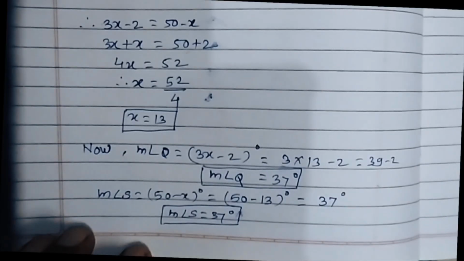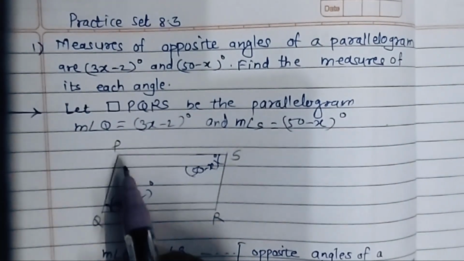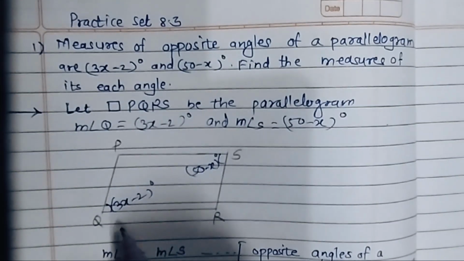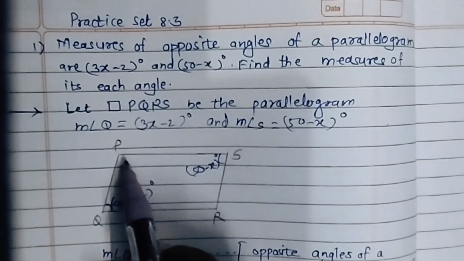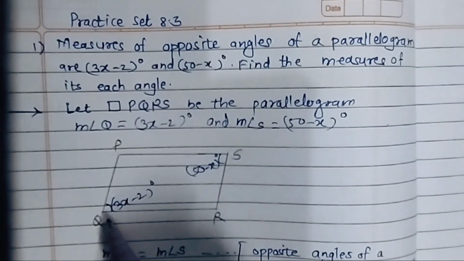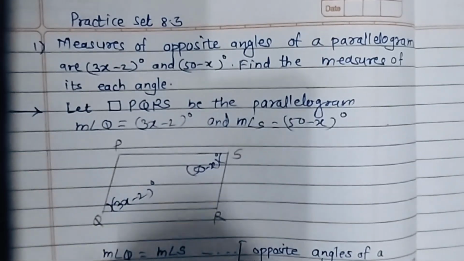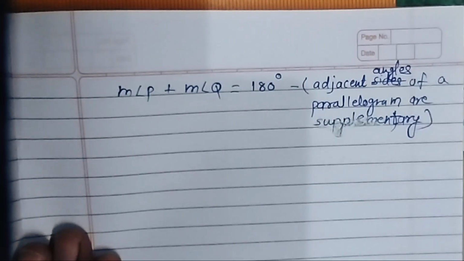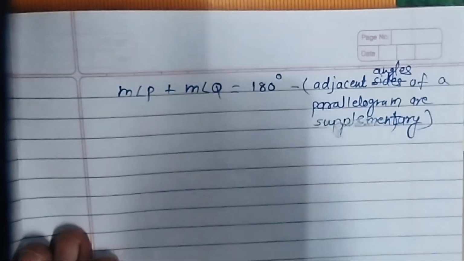Then find out the measure of angle P. To find the value of P, we know that angle P and angle Q are adjacent angles of a parallelogram. So we can write measure of angle P plus measure of angle Q is equal to 180 degree, because adjacent angles of a parallelogram are supplementary.